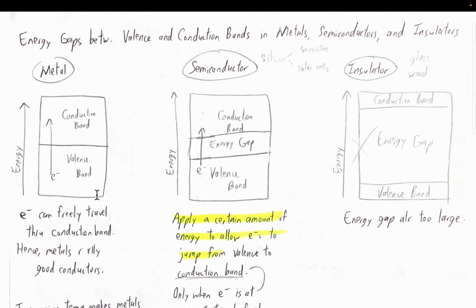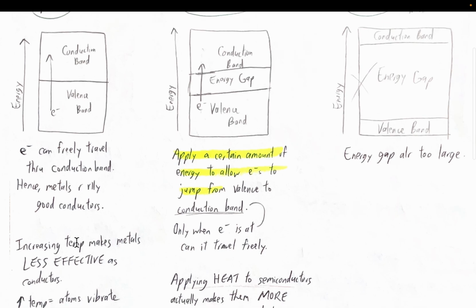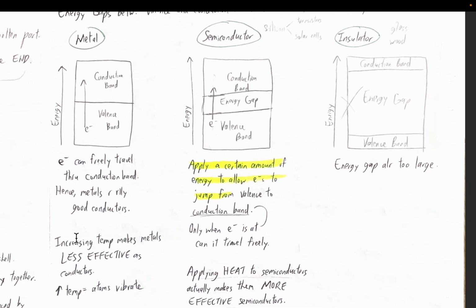In a metal, electrons can freely travel through the conduction band. This explains why metals are really good conductors. Increasing the temperature makes metals less effective as conductors. So, that's one thing you'd like to know.